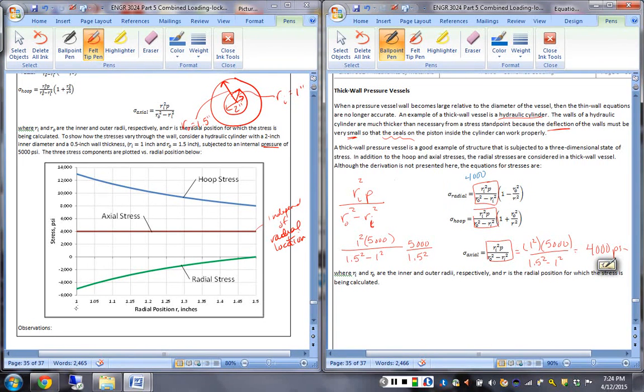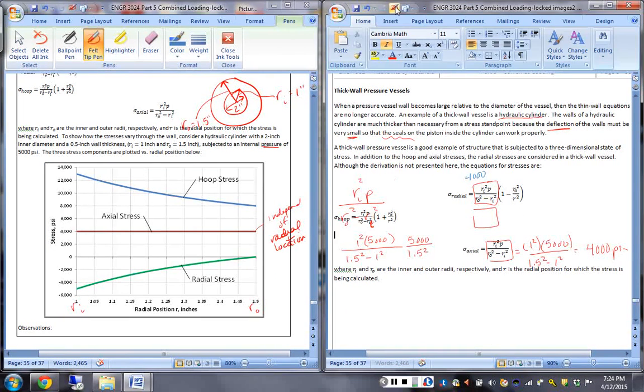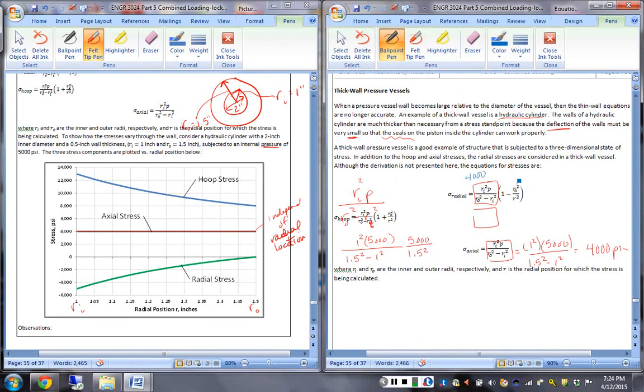As I vary from the inner radius to the outer radius, come back over to my plot, the ratio of the term in the expression goes to 1.